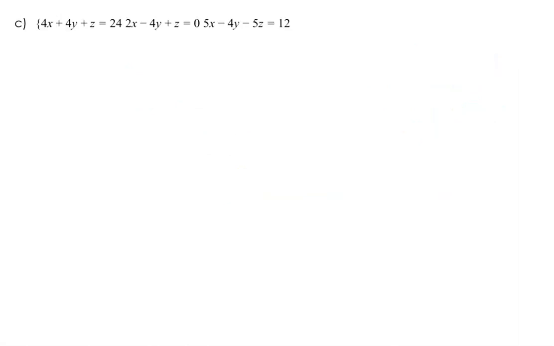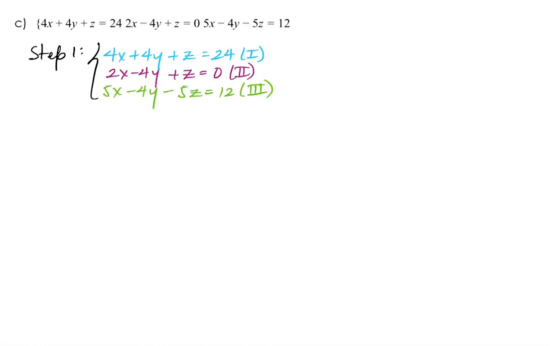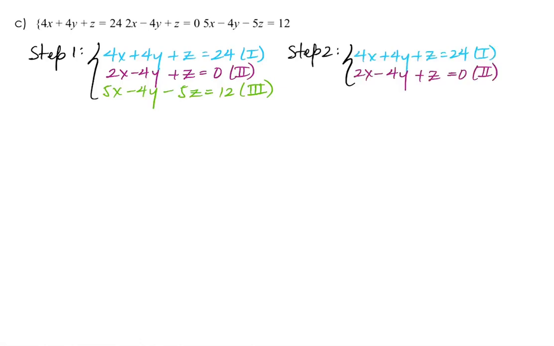Now, moving on to part C. Let's start by rewriting the equations and numbering them. Now that we've done that, we can eliminate y by using equations 1 and 2. We eliminate the y's, and what's left of the equation is 6x plus 2z equals 24.